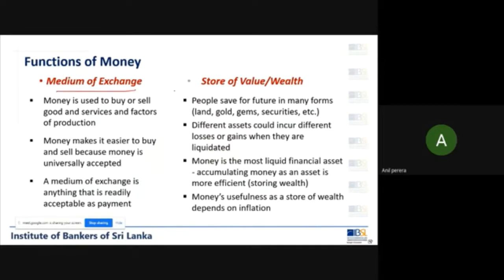So medium of exchange means, as you already mentioned, money is used to buy or sell goods and services and factors of production. Not only goods and services, right? Finished goods and services, of course, you can buy. But factors can also be bought using money. For example, what are the factors of production? Can someone tell me? What do you mean by factors of production?